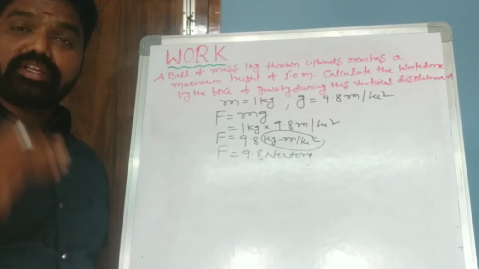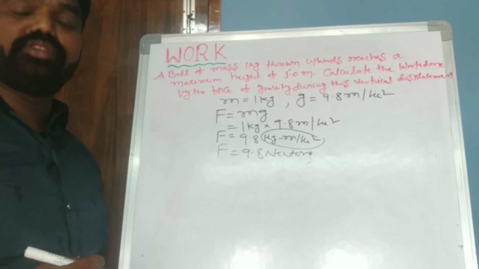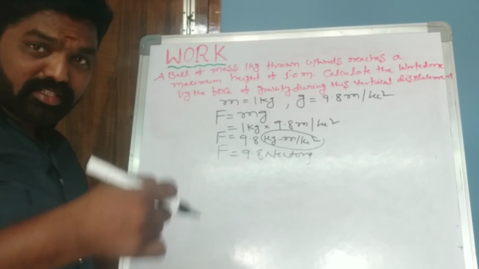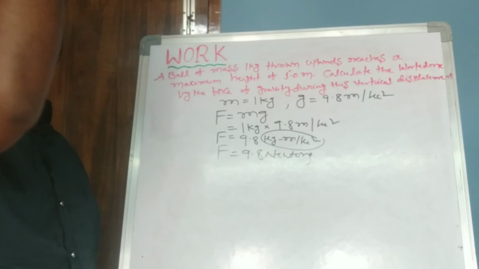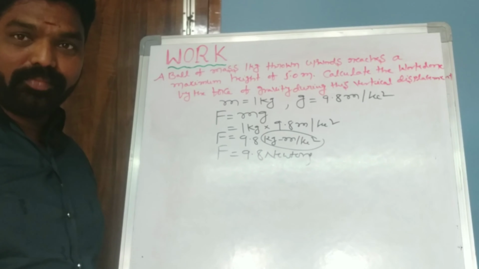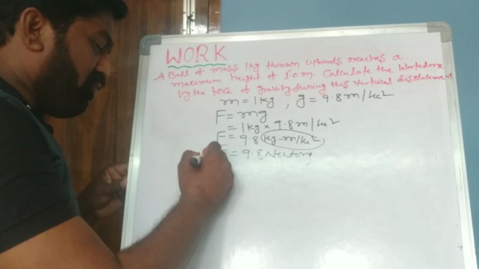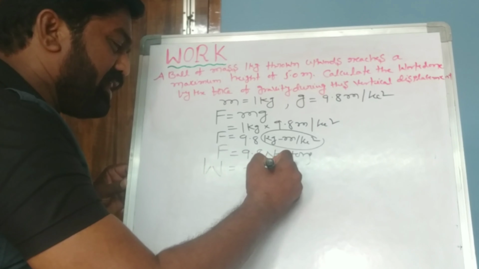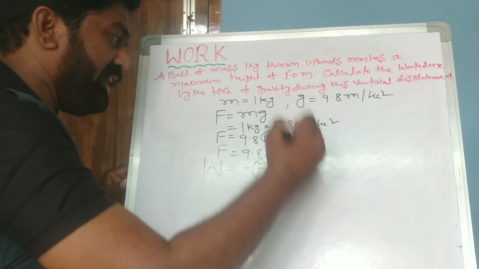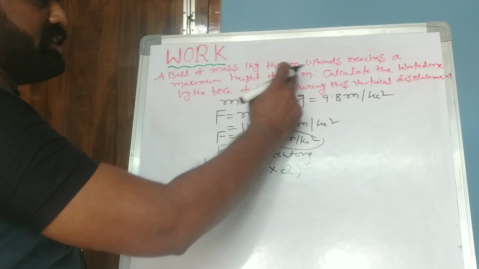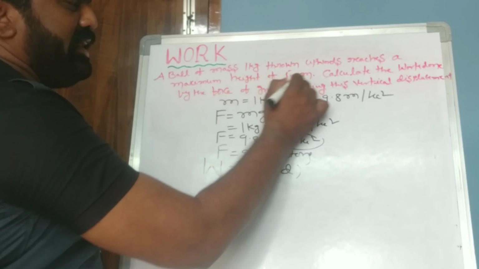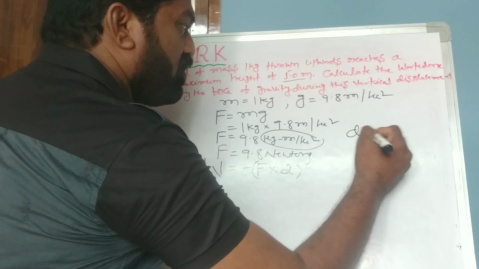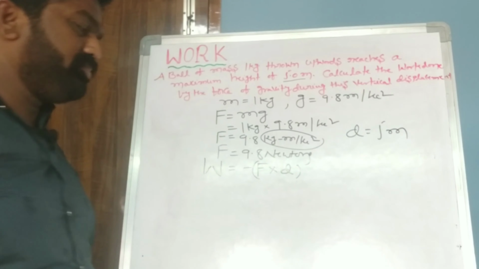Here the force and displacement are both in opposite directions. It means the ball is thrown up like this. The gravitational force is opposite to the direction of displacement of the object. So now the work W equals minus F into D. Here a displacement is given, so that height is nothing but displacement. So D is 5 meters.